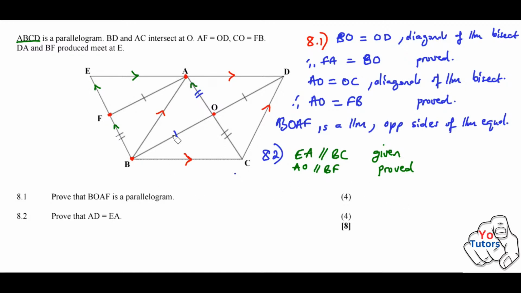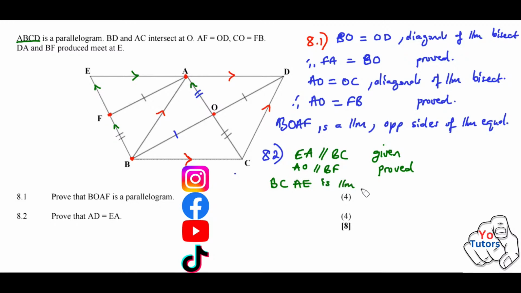Now, once we have that, we can safely say BCAE is a parallelogram. The reason being, opposite sides of a parallelogram are parallel.